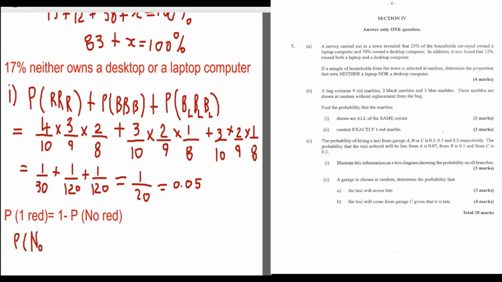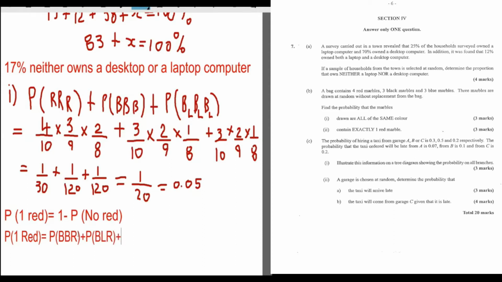I'm just showing you one way. Another way you can do it is the probability of 1 red, just showing you both methods. To get 1 red means you can get maybe a black and a black and then a red. Or you can get a black, then a blue, then the red.